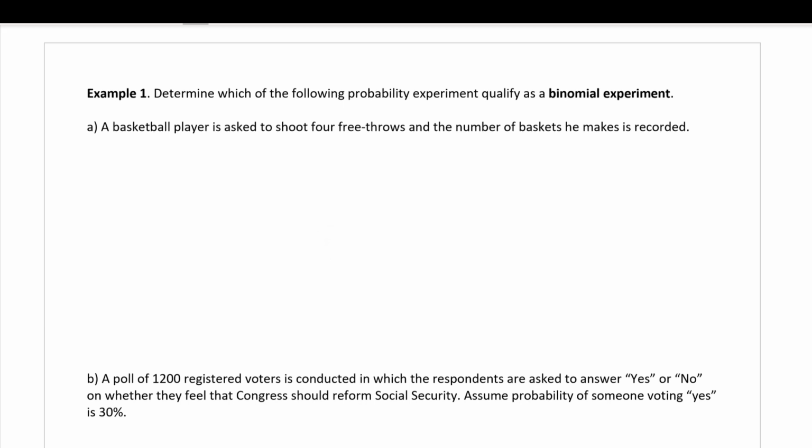First of all, the first criterion is, do we have a fixed number of trials? And what would those trials be? Well, in this case, we asked this basketball player to shoot 4 free throws, right? So we're given 4 trials, 4 attempts. So yes. And in this case, n is equal to 4.